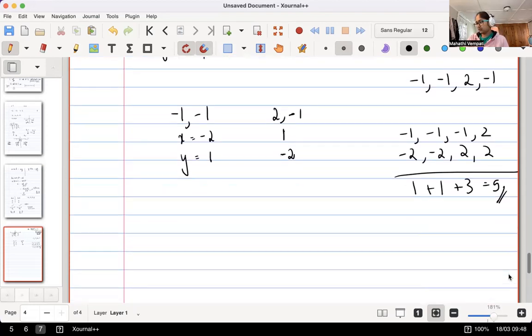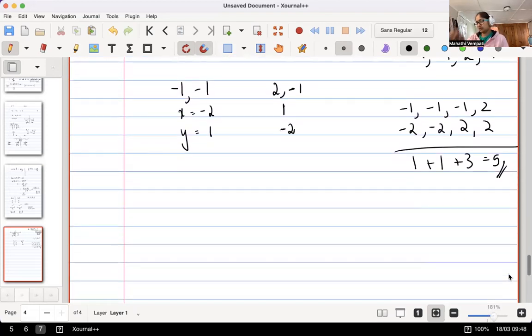Okay, now we need a general pattern. Fair to say that all of these guys have to be the same.